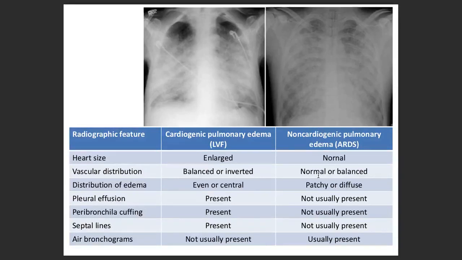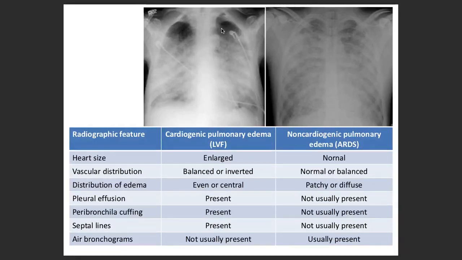Similarly, the edema in the cardiogenic cause is more even or central. However, in the respiratory cause, the edema is going to be much more widespread.